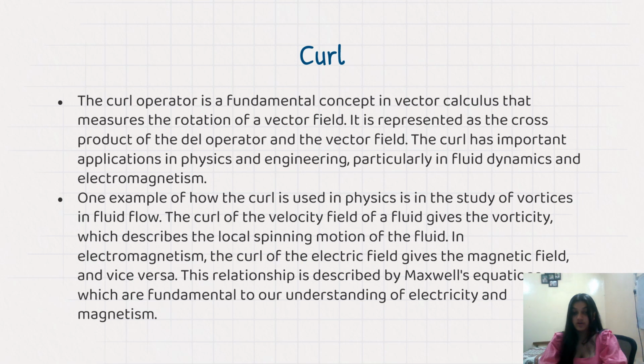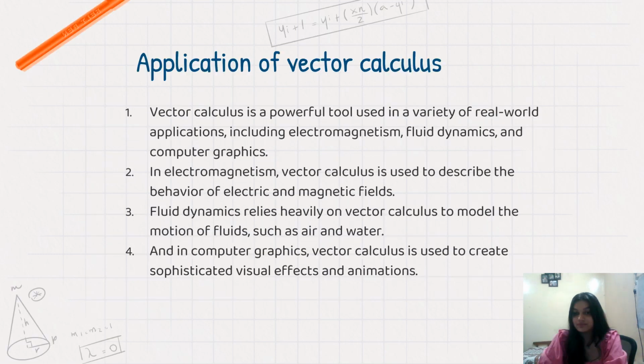The curl of the velocity field of a fluid gives the vorticity, which describes the local spinning motion of the fluid. In electromagnetism, the curl of an electric field gives the magnetic field, and vice versa. This relationship is described by Maxwell's equations, which are fundamental to our understanding of electricity and magnetism.